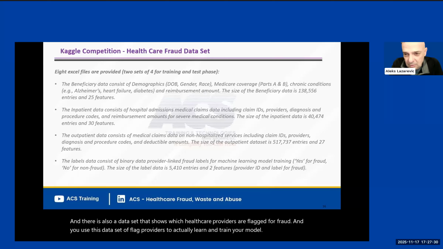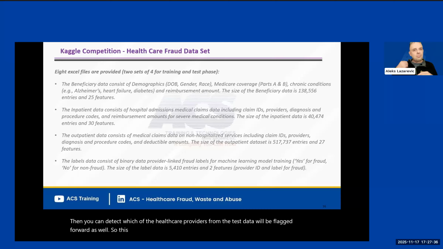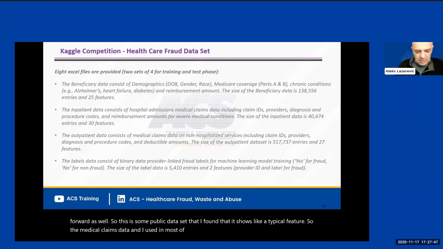Then you can detect which of the healthcare providers from the test data will be flagged for fraud as well. So this is a public data set that I found that shows typical features of the medical claims data, and I used it in most of my demos as well.